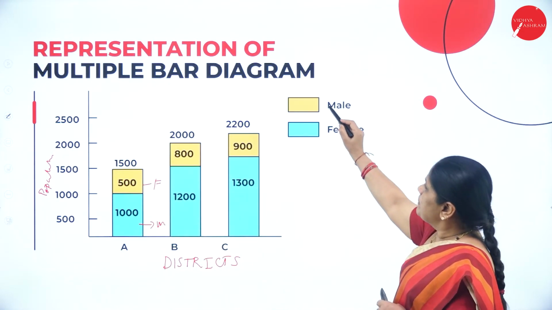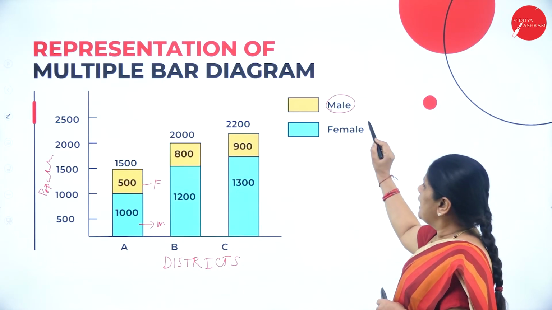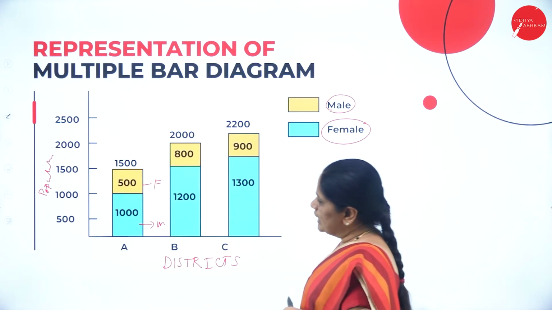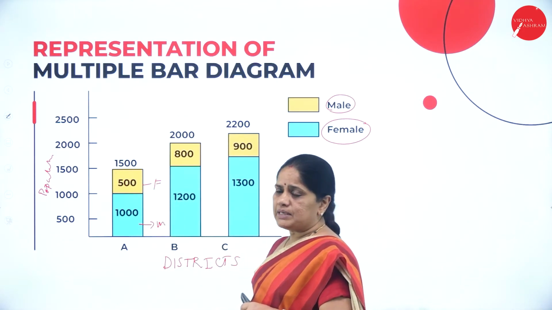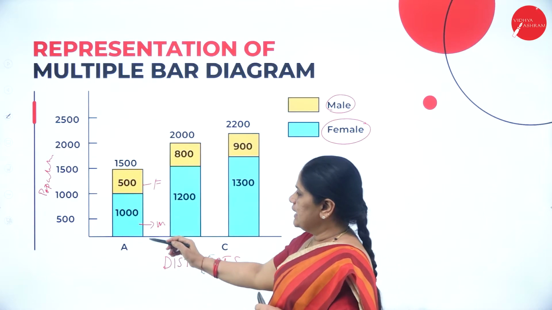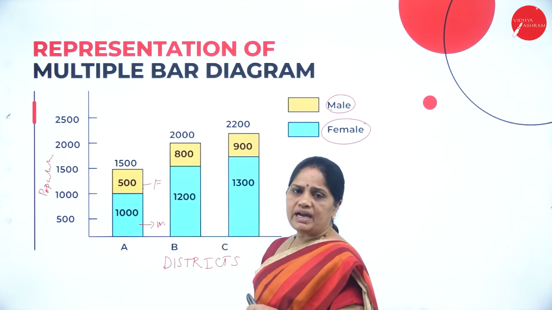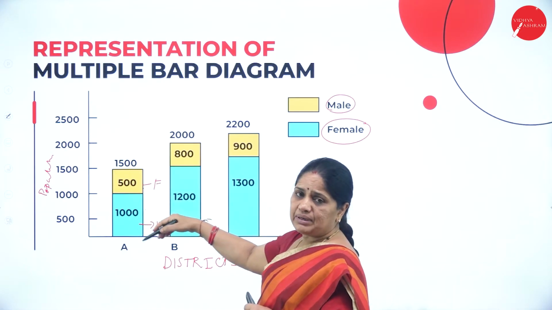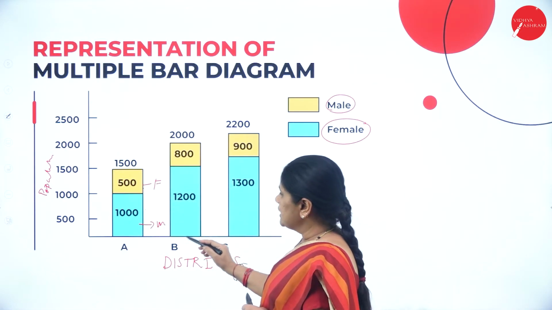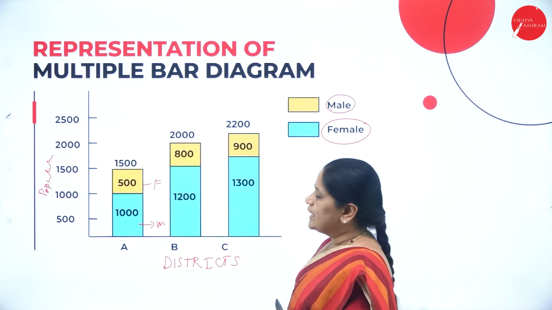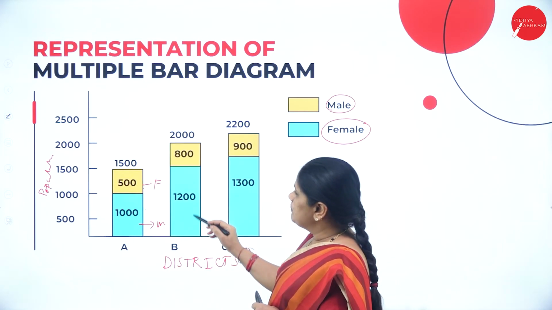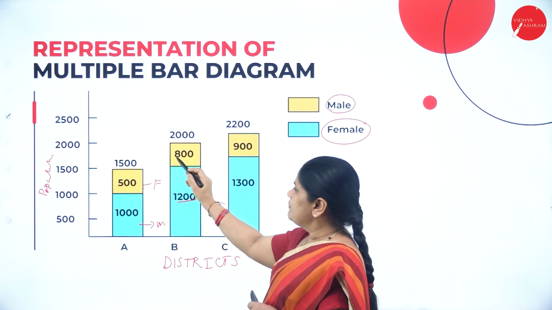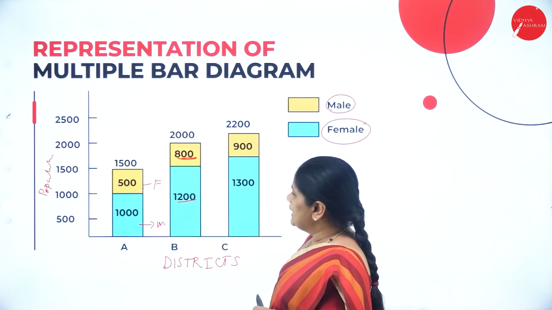Now, yellow represents the males and green represents the females. So, if you can see in this bar diagram itself, in district A we have 1000 males and 500 females. So, almost females are half the number of the males. District B is slightly better. We can see here in district B there are 1200 males, whereas the females are only 800.